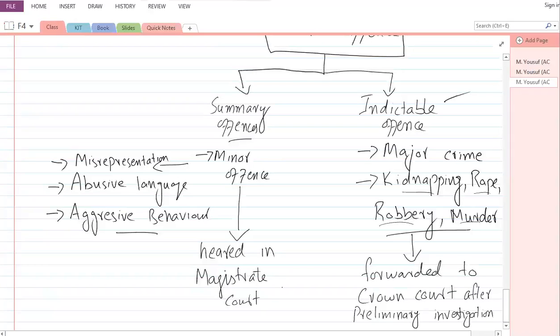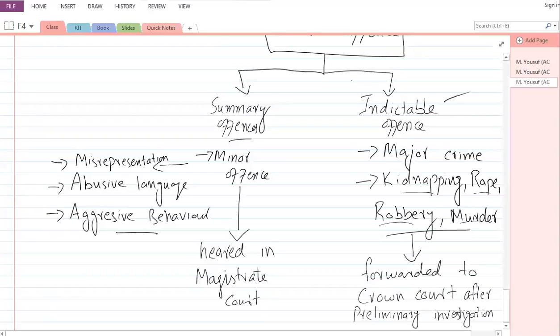Definition of jurisdiction. Jurisdiction means the power of the court, the scope of the court, the area under which a magistrate court can hear a case. So indictable offences don't fall in the jurisdiction of magistrate court. They are outside the scope of magistrate court.